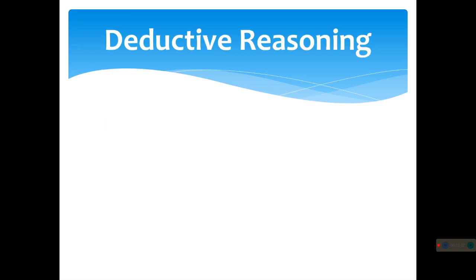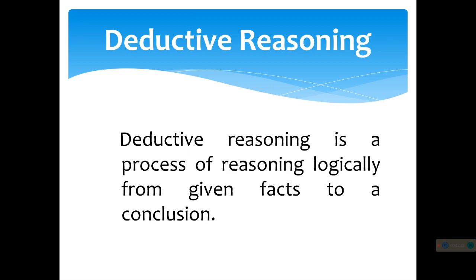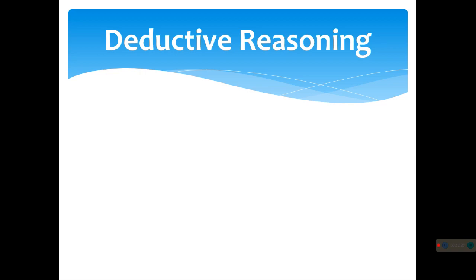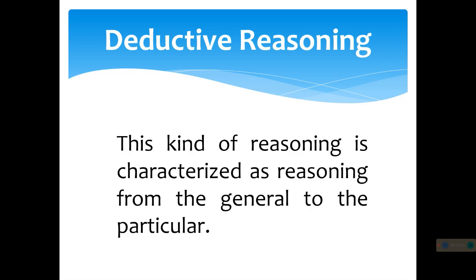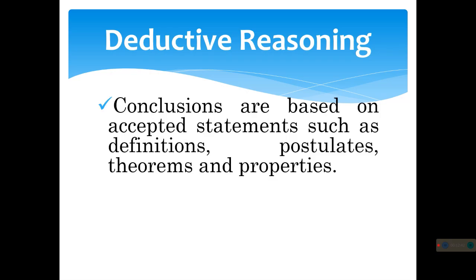Okay. Next, deductive reasoning. Deductive reasoning is a process of reasoning logically from given facts to a conclusion. Or sometimes examples, then conclusion. This kind of reasoning is characterized as reasoning from the general to the particular or specific. So, conclusions are based on accepted statements such as definitions, postulates, theorems, and properties.